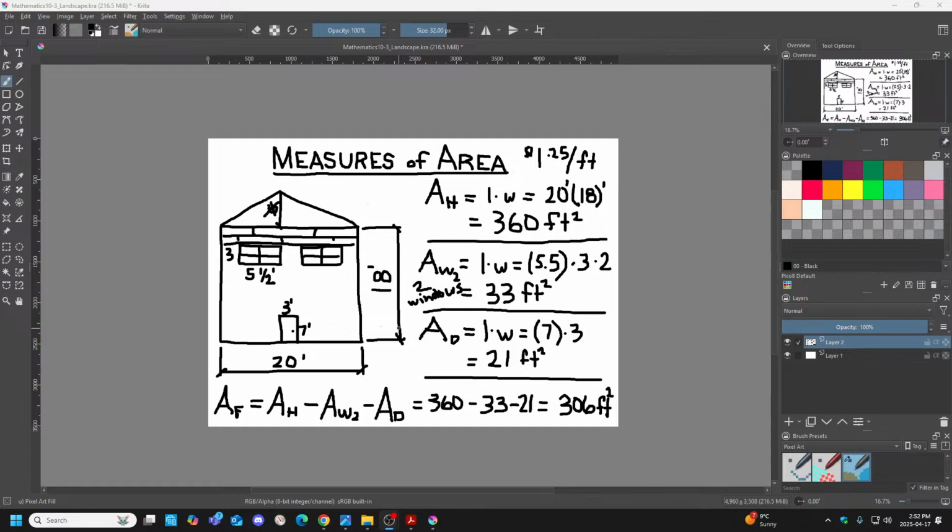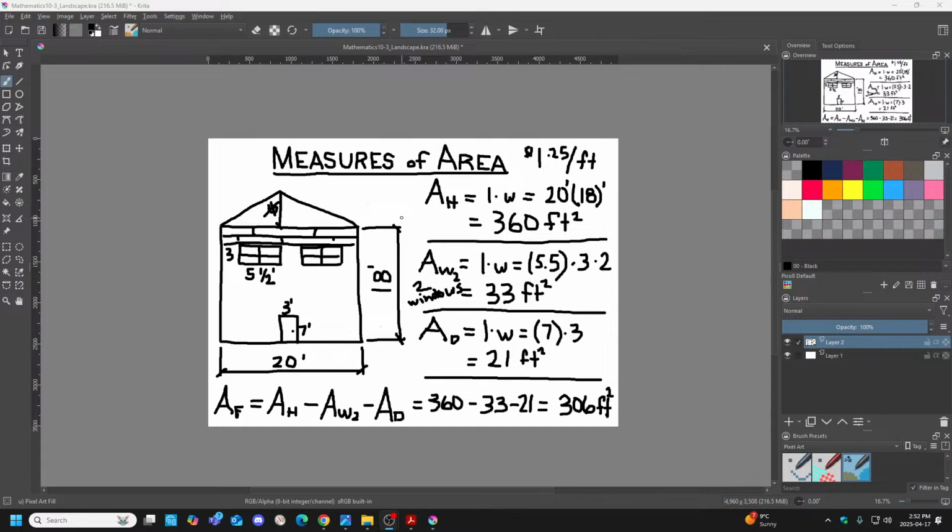Okay, so let's do some quick calculating here. The cider, he charges $1.25 per foot. That's one side.